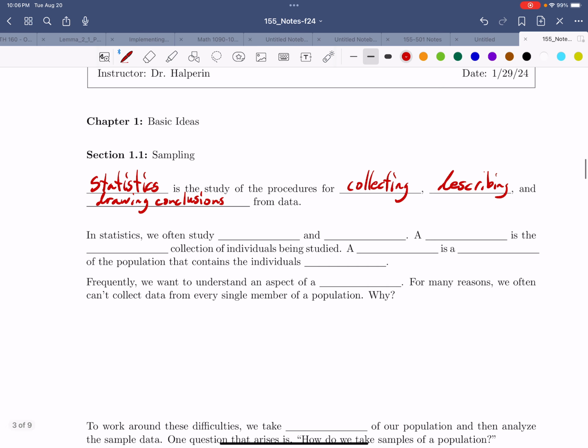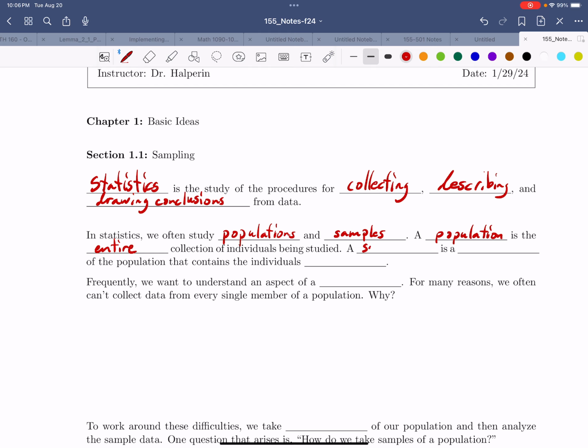In statistics, we often study populations and samples. A population is the entire collection of individuals being studied.